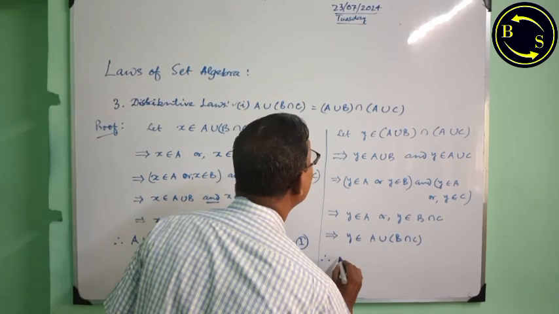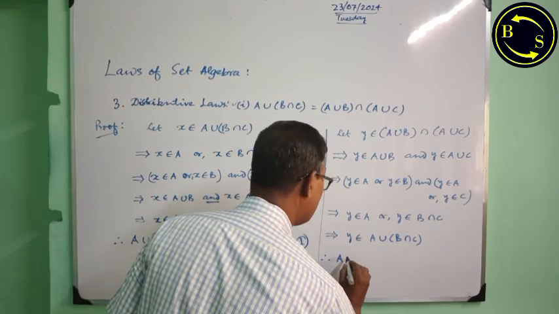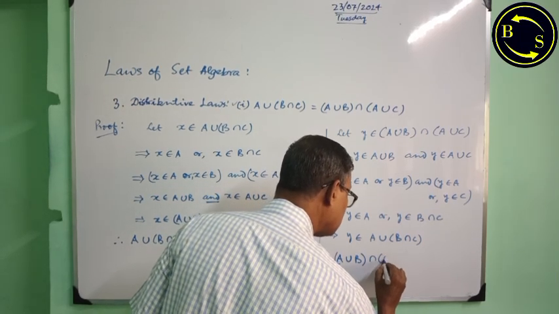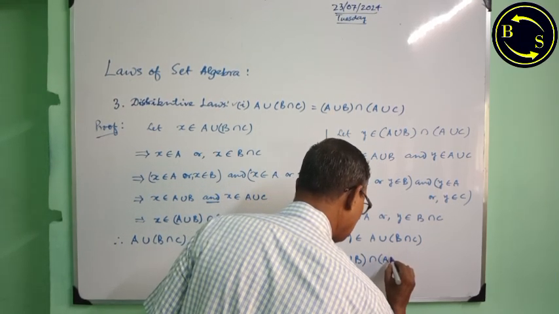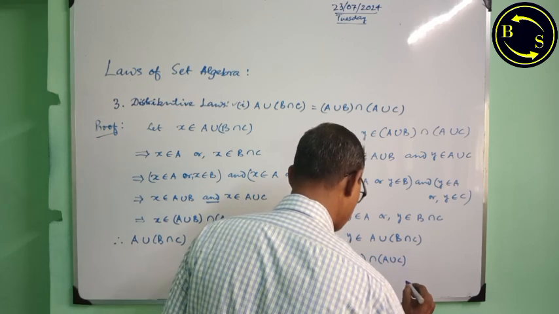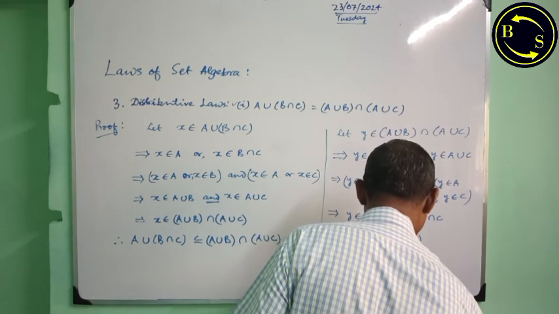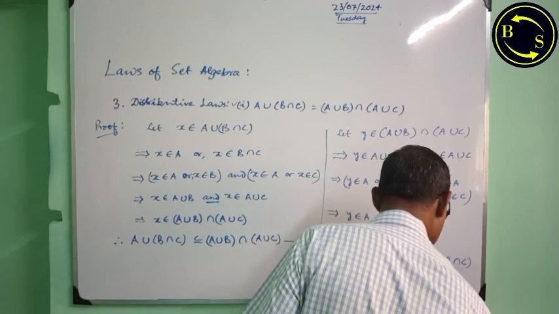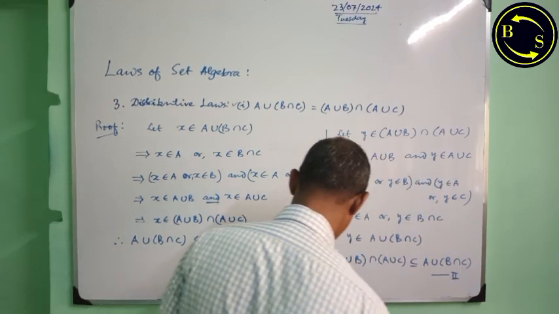Therefore, A union B intersection A union C is subset of A union B intersection C. This is number 2.